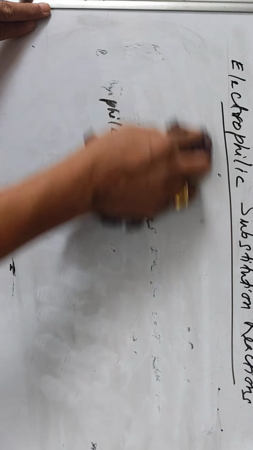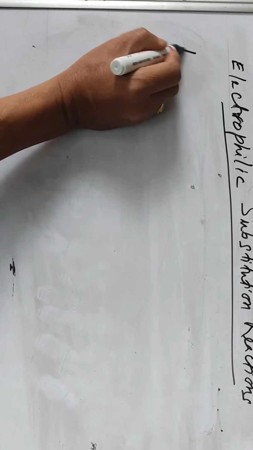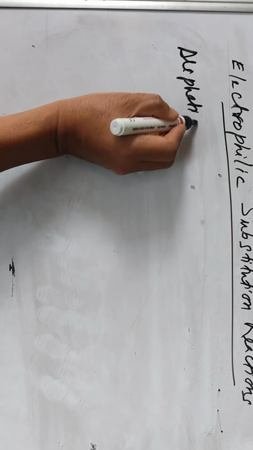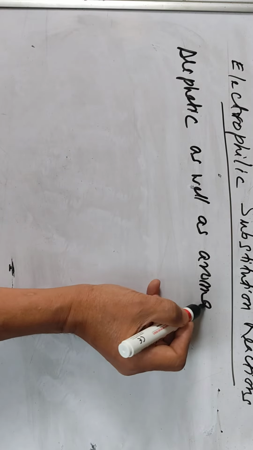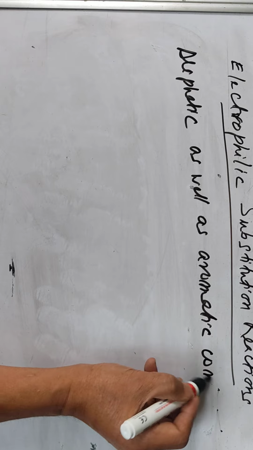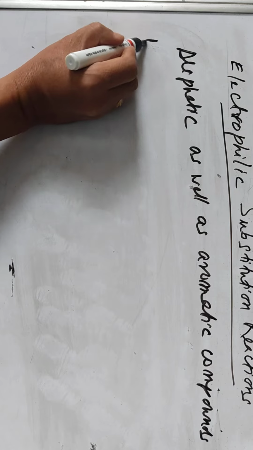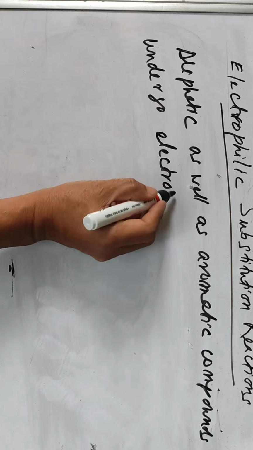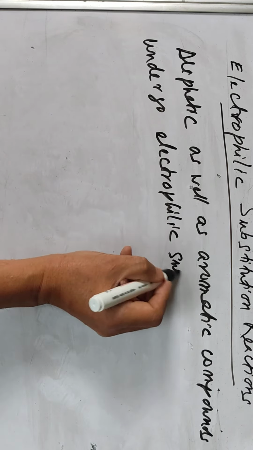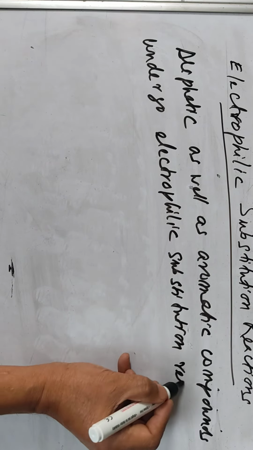So we can say electrophilic substitution reactions can be undergone by aliphatic as well as aromatic compounds, but are mostly found in aromatic systems.